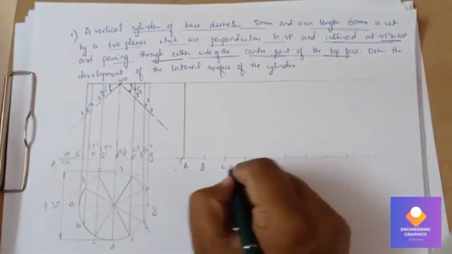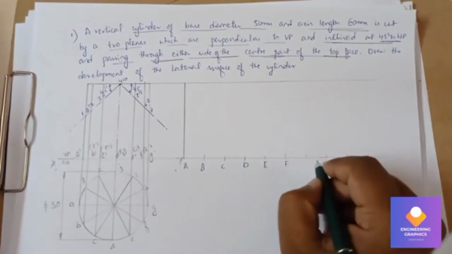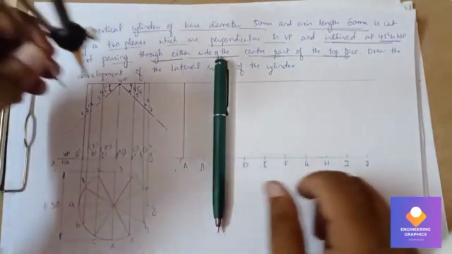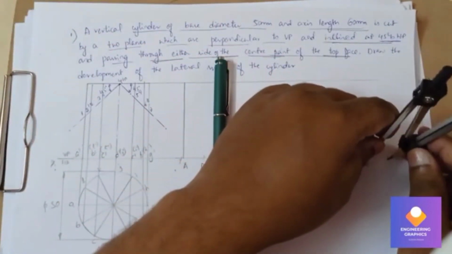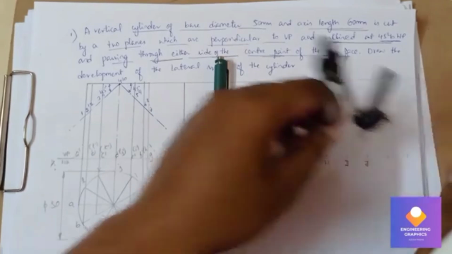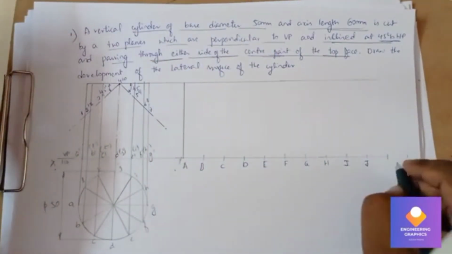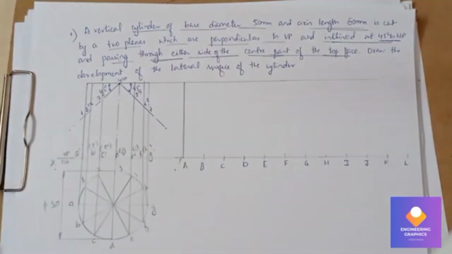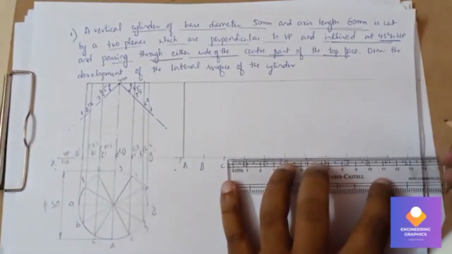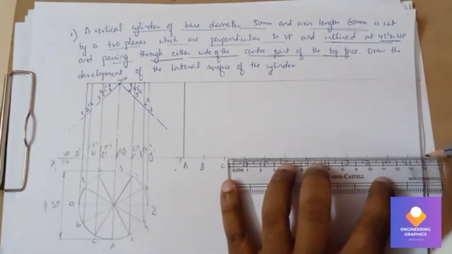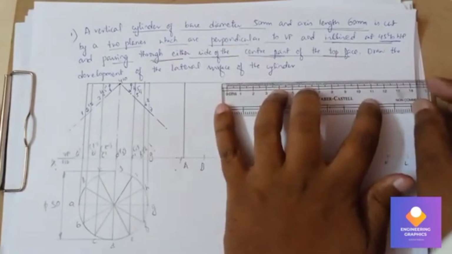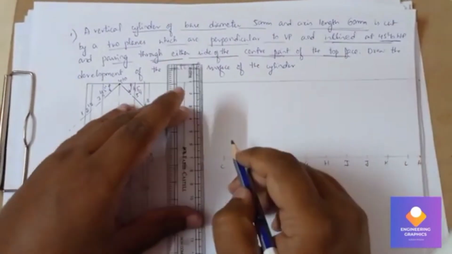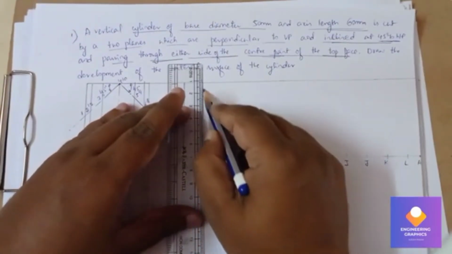You can mention the namings here. At the end also you mention A. Now we draw vertical lines here.